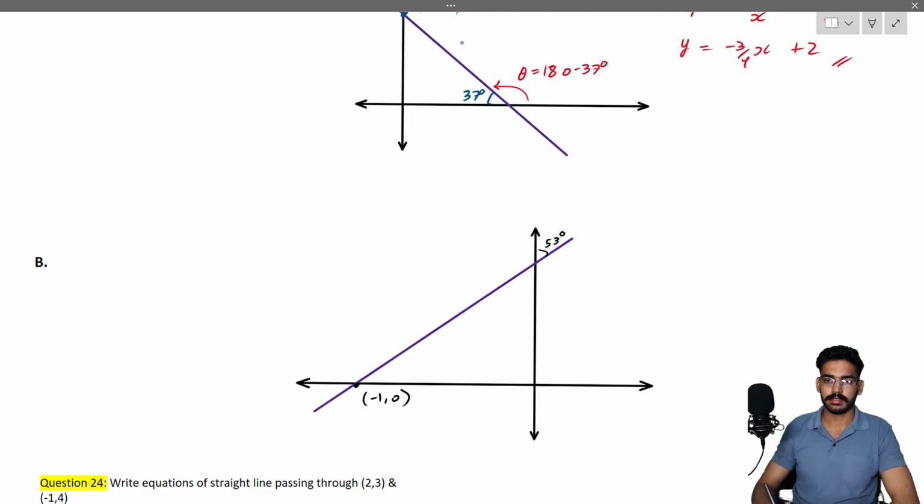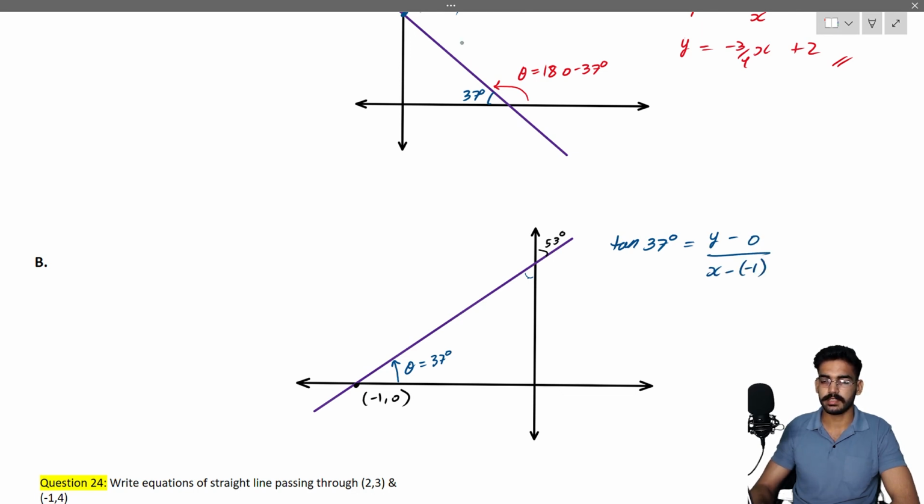Now let's do the question. The angle is given as 53. What is theta for the slope? If this inside angle is 53, then in this triangle this angle will be 37 degrees. So tan 37 degrees equals y minus 0 divided by x minus (minus 1).